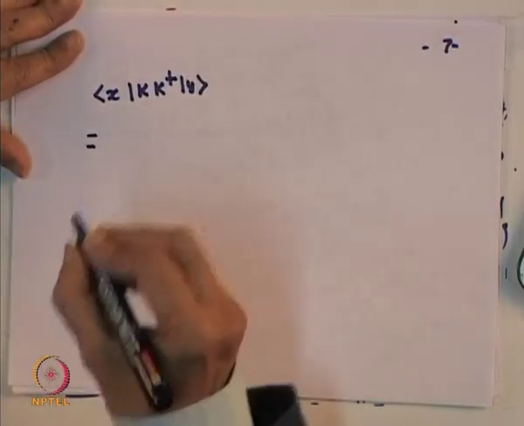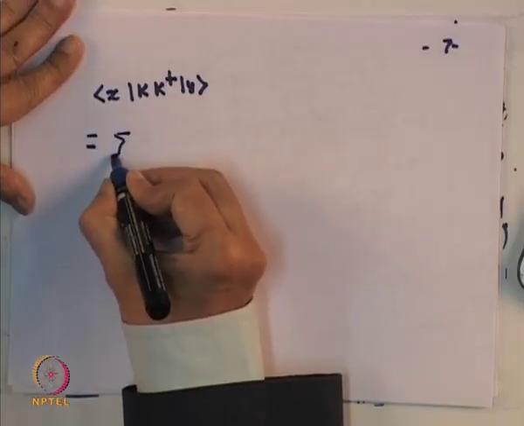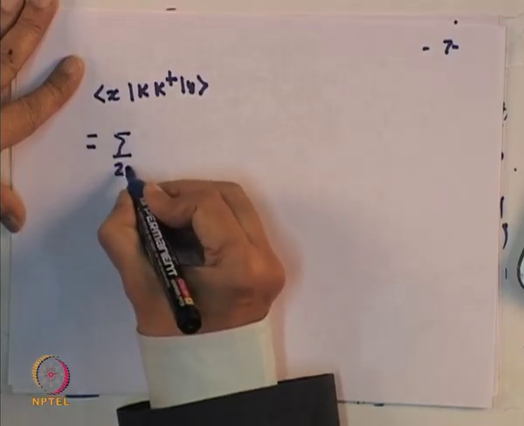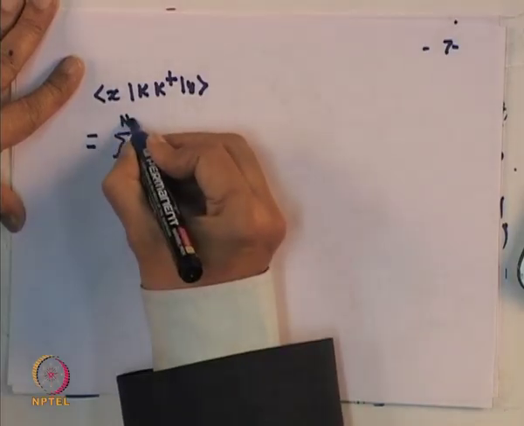Now I evaluate it by the following. I will introduce a complete set, that is resolution of identity, z equal to 0 to n minus 1.